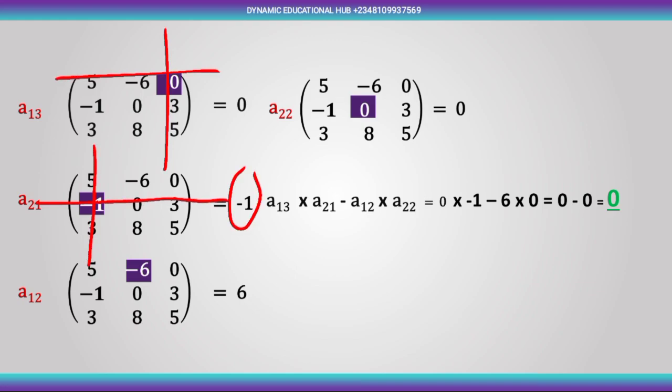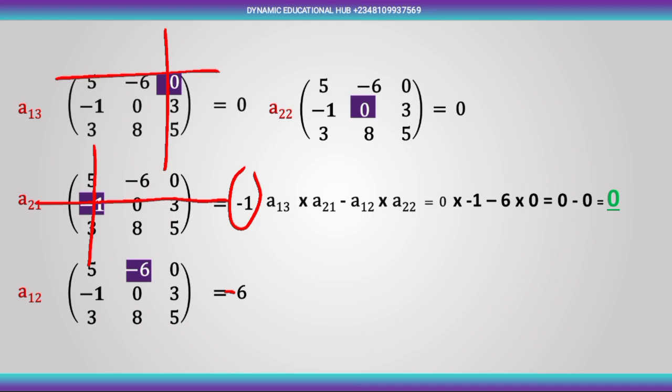Then we have A12. A12 means the first row and the second column, which is -6. Sorry about this, this is supposed to be -6. Now we have -6.